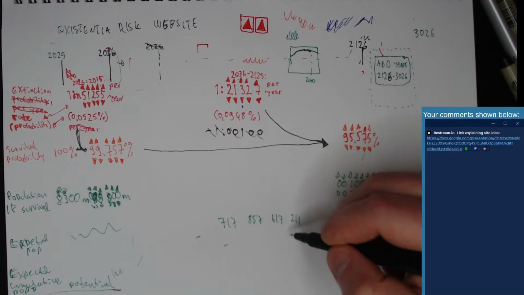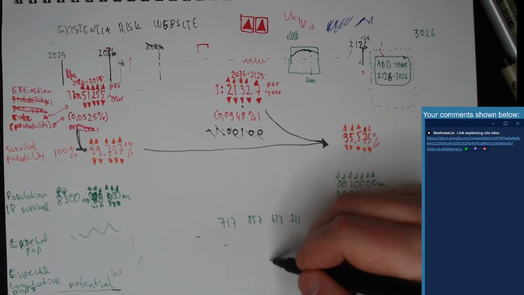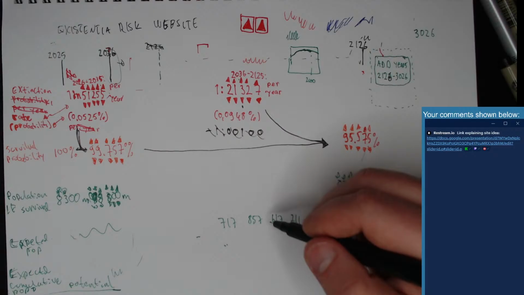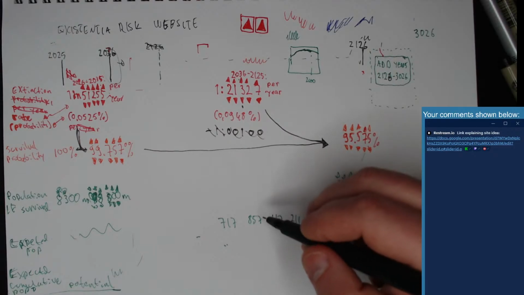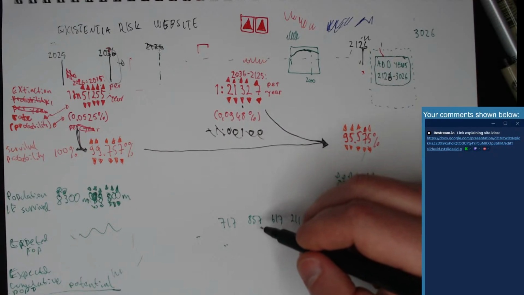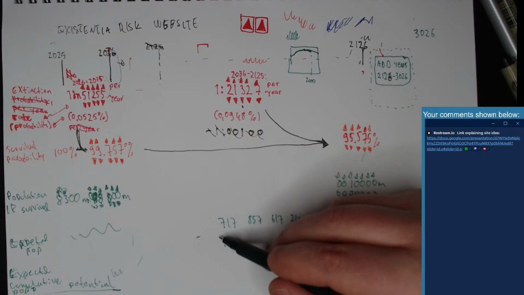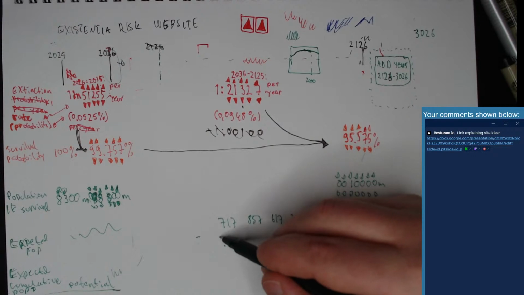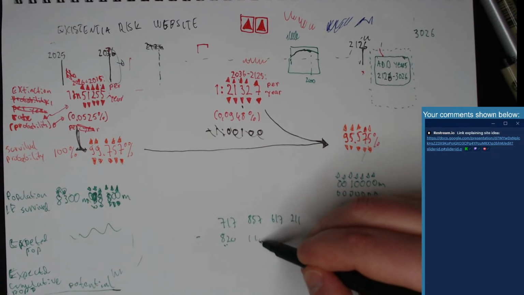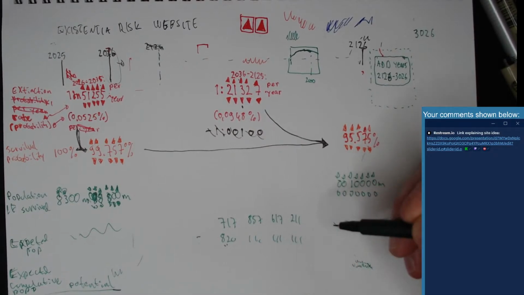This is now billions, and then I could have what's the potential, as if there were none. So this would be something like that.